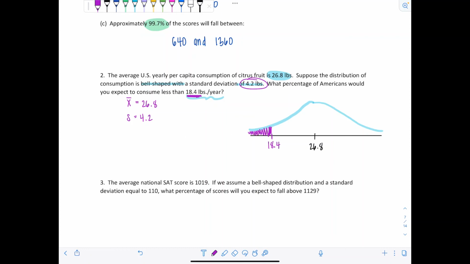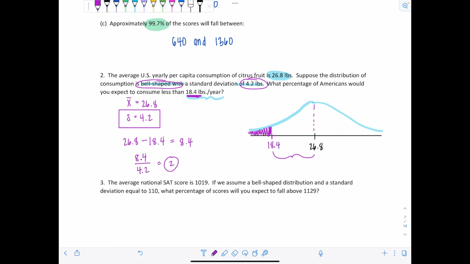Okay. So since this is bell-shaped or approximately normal, we can use our empirical rule. And to answer the question, I want to know how many standard deviations are between 18.4 and 26.8. They told me the standard deviation is 4.2. So notice if I subtract these two data values, 26.8 minus 18.4, what do I get? I get 8.4. And 8.4 divided by 4.2 is 2.